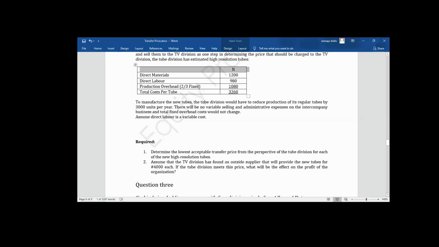Is that not? Logically, I cannot go below my cost of production. If I cannot make profits, I must not incur loss. The lowest price this tube division will charge will be its minimum relevant cost of manufacture.